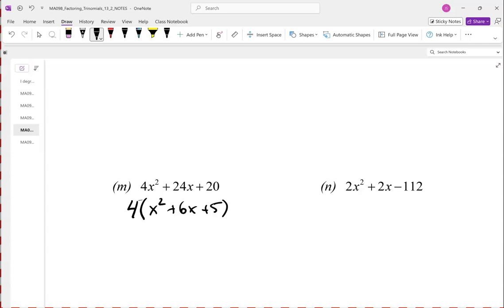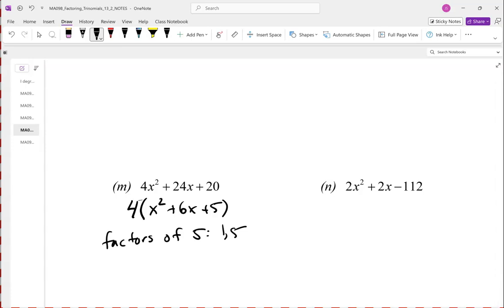Again, I know I'm harping on it, but make sure you always look for that GCF first. Makes your life easier if there is one to get that out of there. All right, what's the next step? Good. Find those factors of 5. What are the factors of 5? Yeah, 5 and 1, right? That's it. It makes it pretty straightforward.